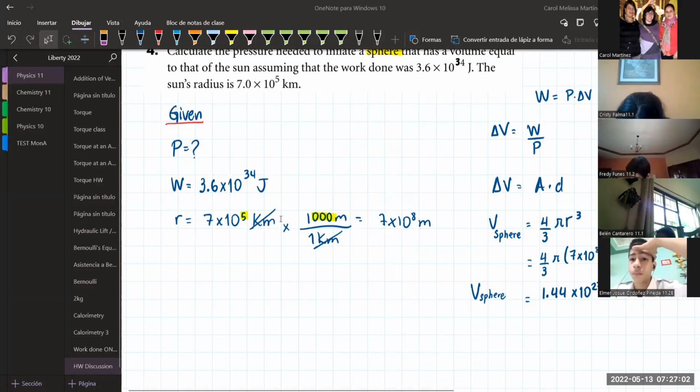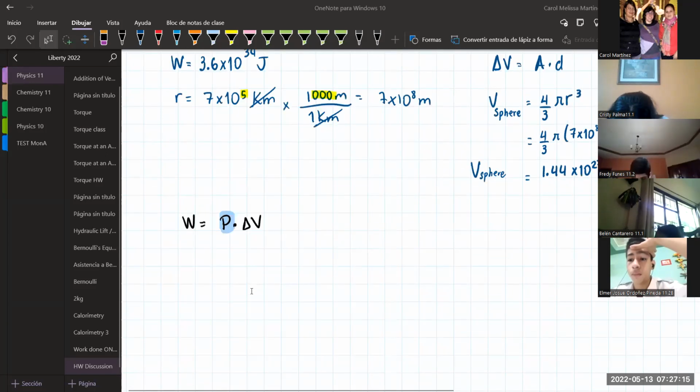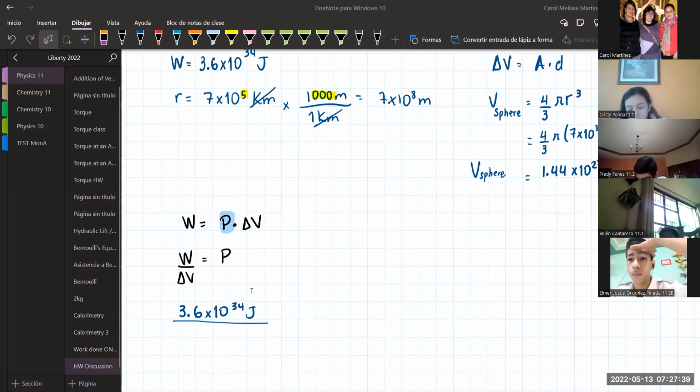Okay, so we say work is equal to pressure times delta V. You focus on pressure, so the isolation will be pressure is equal to work divided by delta V. And then all you do is you replace by your given work, that is 3.6 times 10 to the 34 power joules divided by the volume that you just got.